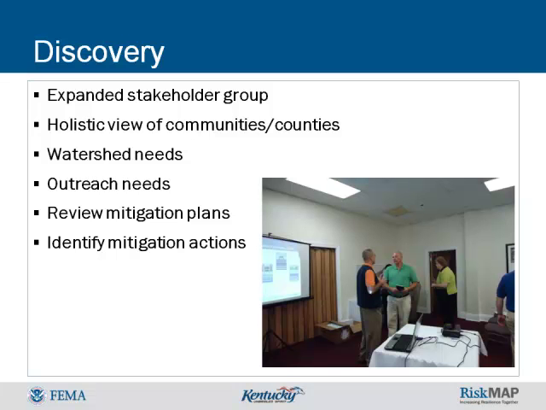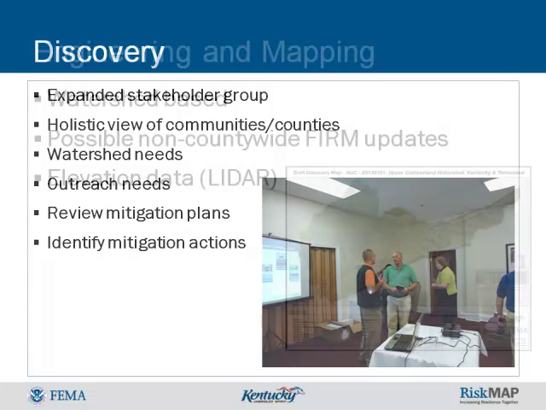The stakeholder group identifies watershed needs, outreach needs, and provides data regarding the communities and counties in the watershed. As part of this discovery process, local natural hazard mitigation plans are reviewed and mitigation actions are identified. These mitigation actions can be used in subsequent natural hazard mitigation plan updates.